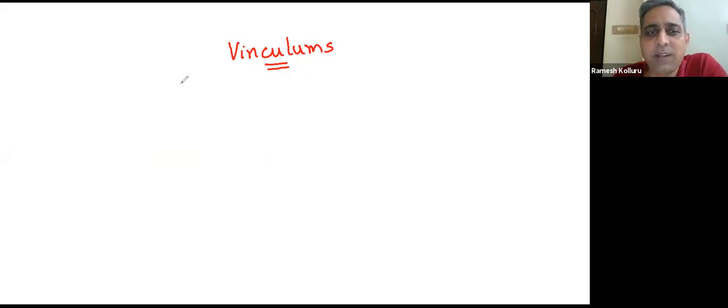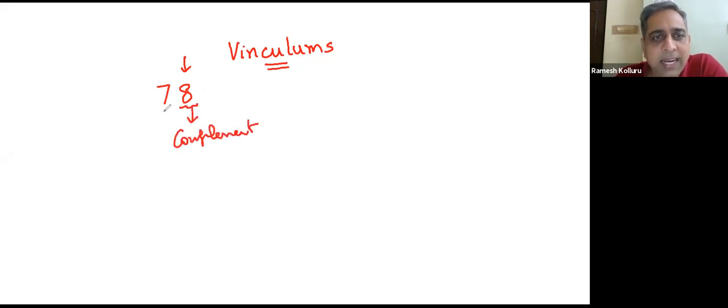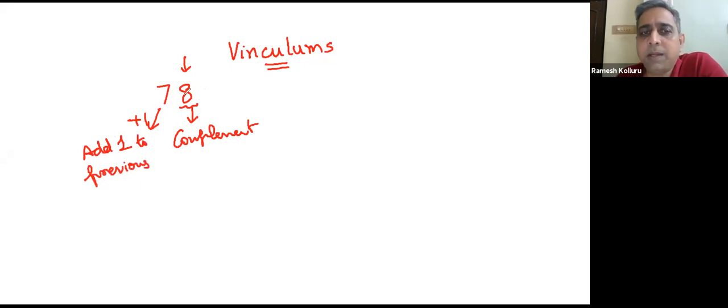In the case of vinculums, say my units place is bigger, or any bigger digits are there. If I want to convert into smaller digits, the rule is take the complement of the number and add 1 to the previous digit. Suppose my number is 78.